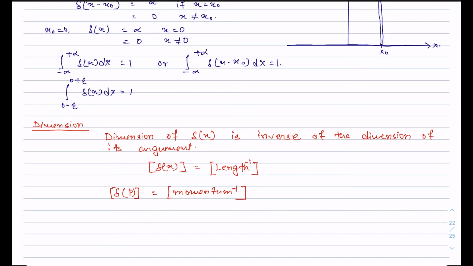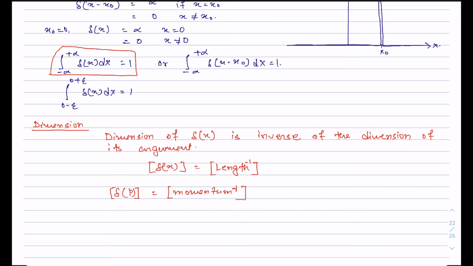You can easily argue it from its definition. You can see that the integration from minus infinity to plus infinity of delta(x) dx is equal to 1. So 1 is a number. So the dimension of delta(x) will be the inverse of dx.